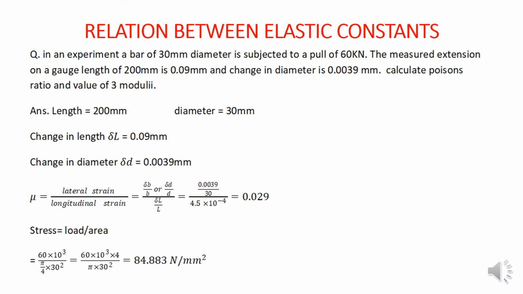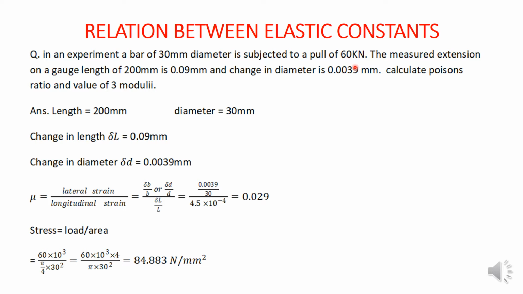Okay, so what will be the lateral strain and what will be the longitudinal strain? We know a pull is applied, that means a tensile force. As a tensile force is applied, the longitudinal strain will be the increase in dimension. In the question, the measured extension on the gauge length is 0.09 mm, so the length increases, and the longitudinal strain will be delta L divided by L. And what about the lateral strain?